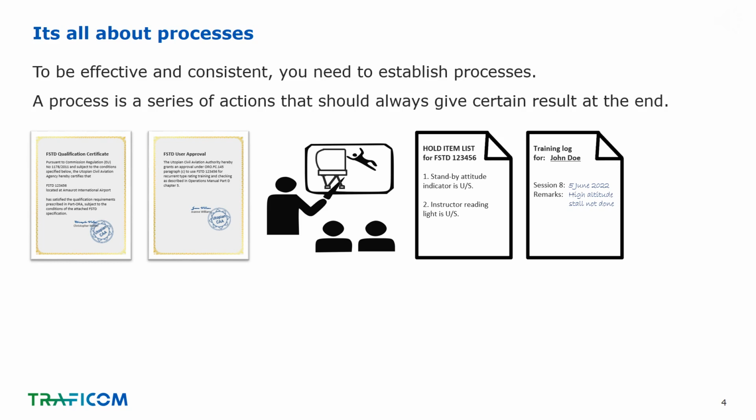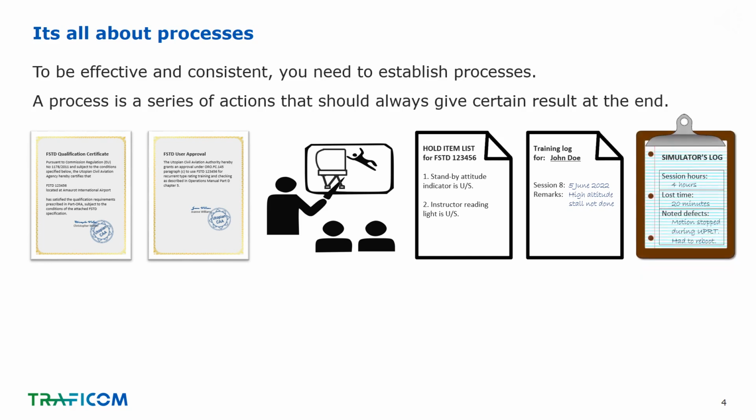If there are any problems with the simulator, the instructor must report that in the simulator's logbook, so that maintenance can initiate corrective actions. Each of these steps have many smaller steps, and there are many other steps that were not included in this example.